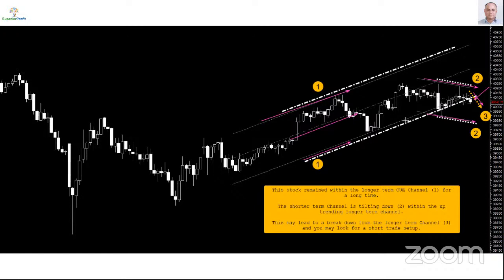We use the longer term channels for trade setups, shorter term channels to anticipate a move. Now you could also start to look for a trade setup right from this day because the shorter term channel was already starting to downtrend, and then we had a bearish shape candle.